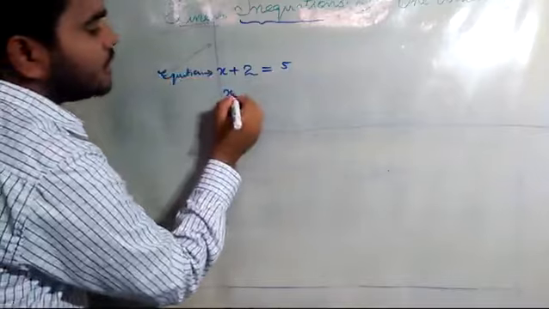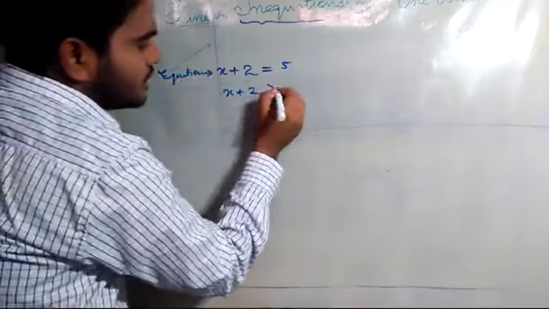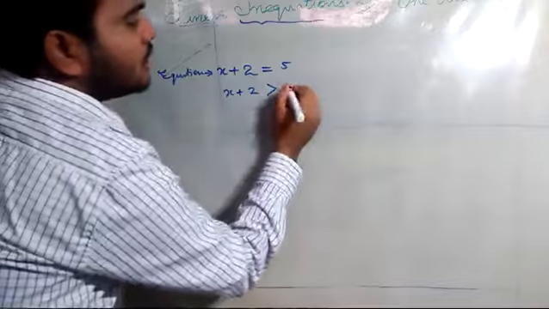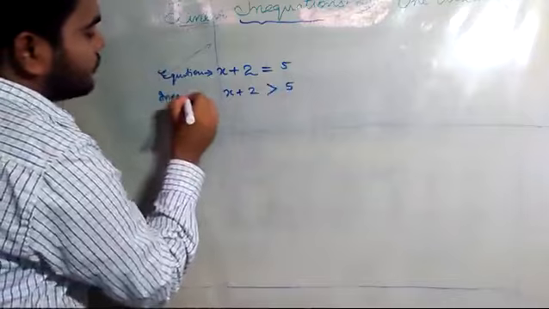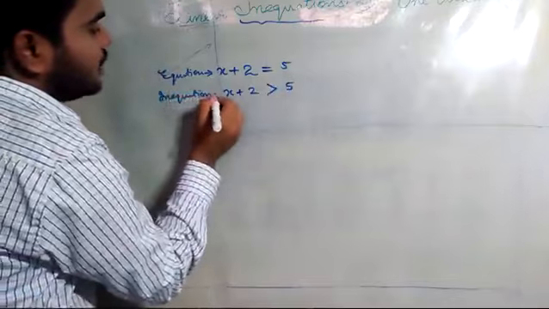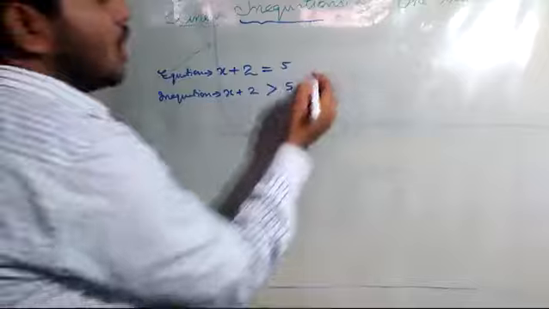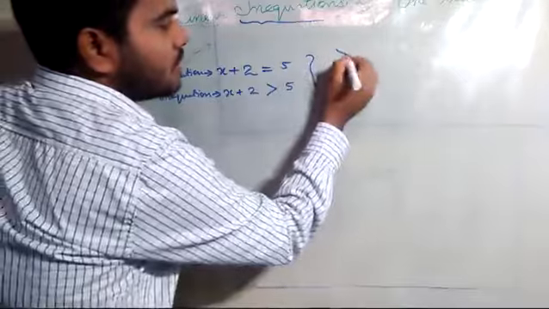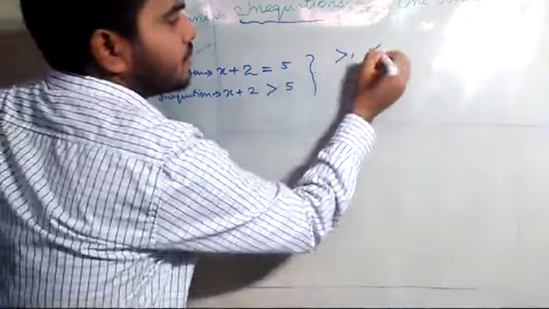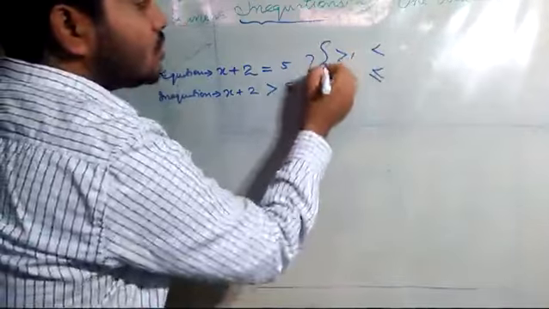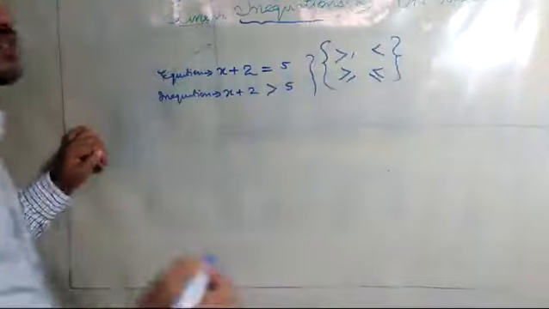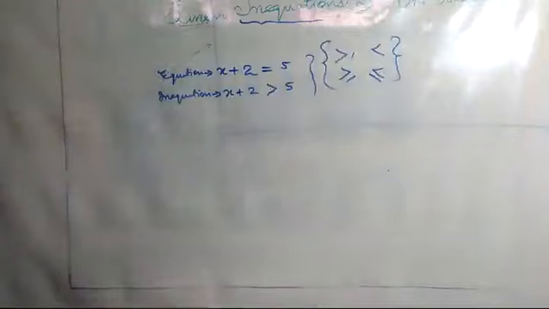Now, if I write x plus 2 less than or greater than or equal to 5, then this is called an inequation. Now, how many inequality symbols do we have? We have greater than, less than, greater than or equal to, less than or equal to. These four are said to be inequality symbols.